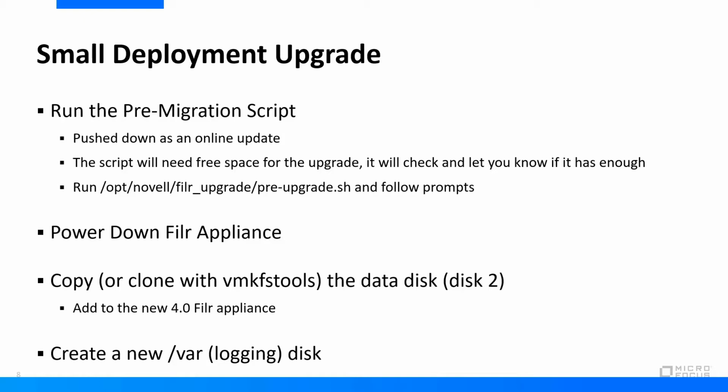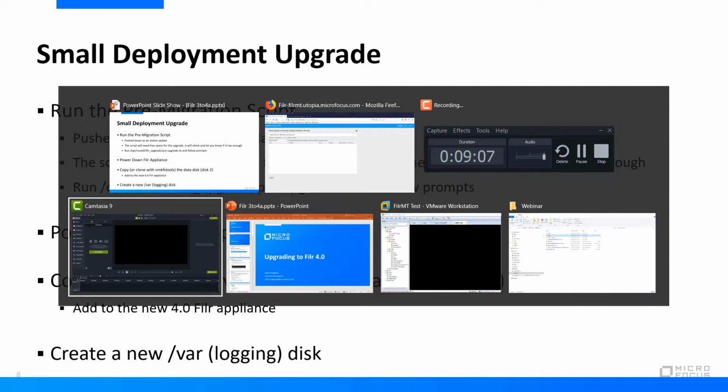And finally, we need to create a new logging disk. Don't take the existing logging disk across, that can cause issues, and make sure that you add the logging disk after you've added the data disk, because they need to go in the right order to be picked up correctly there. So let's just run that pre-migration script.